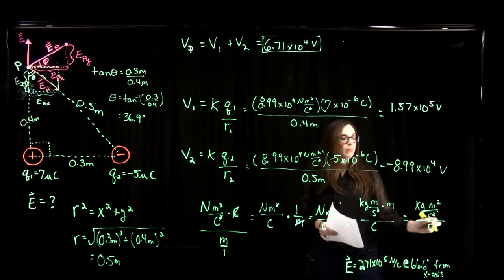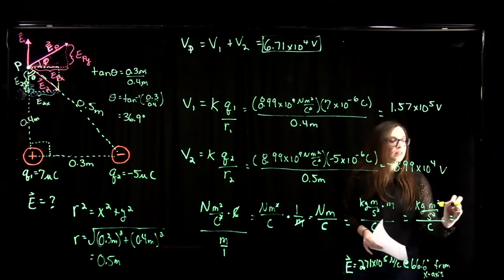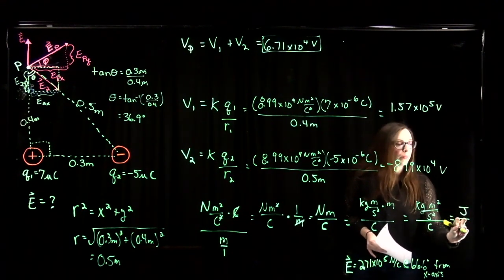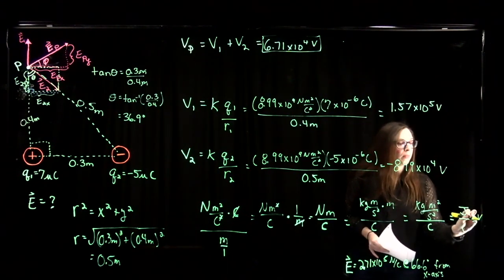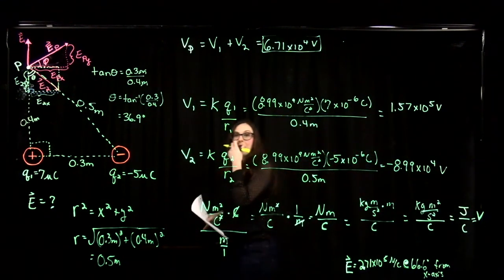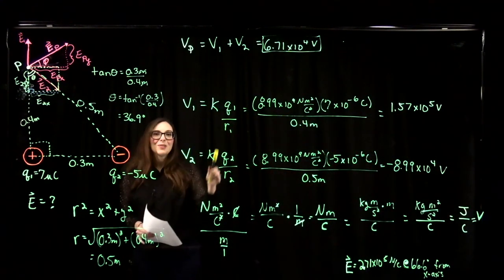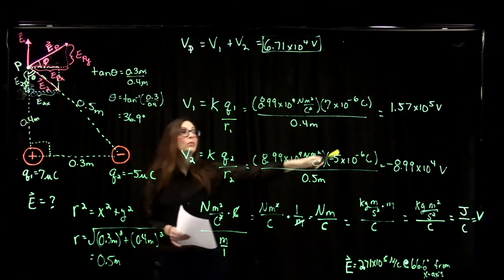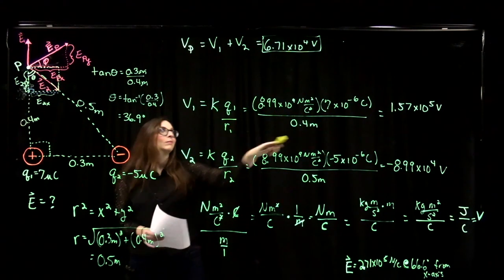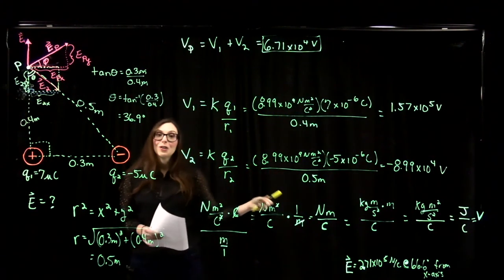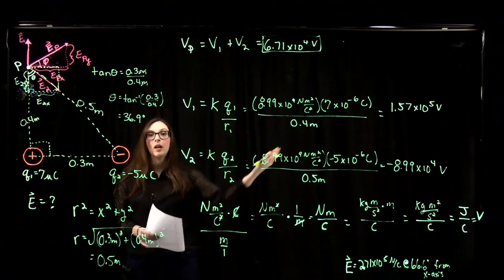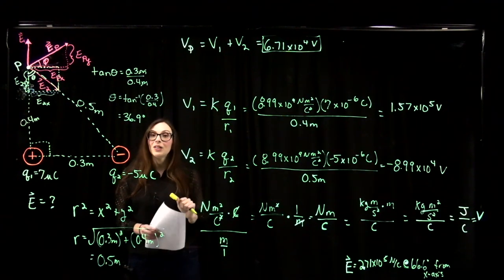Now this kilogram meter squared over second squared, that's the same thing as a joule. We've got a joule per Coulomb, which is also the same thing as 1 volt. So that's how you can show to yourself that yes, in fact, with this equation and using these units, we do go from all of this stuff here to an actual unit of volts. And the unit of electric potential is the volt.